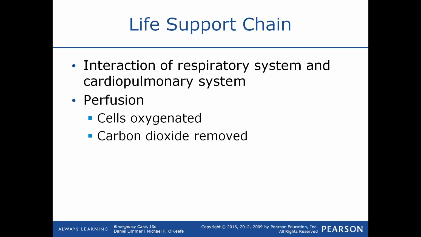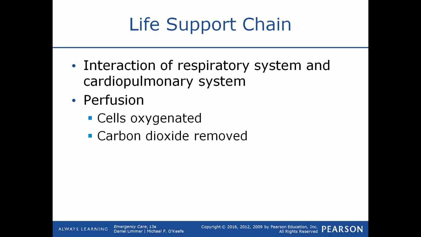Now, the cardiopulmonary system refers to the heart and the lungs. These two systems must work together in order for perfusion to occur. We have to be able to get oxygen into our bloodstream. We have to be able to pump or move that blood, that oxygenated blood, to all parts of our body.